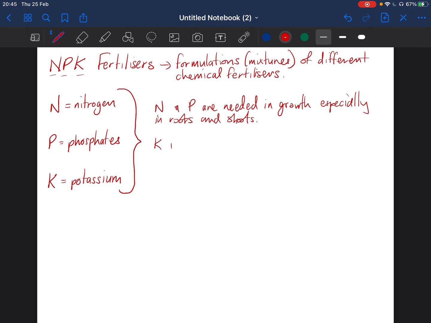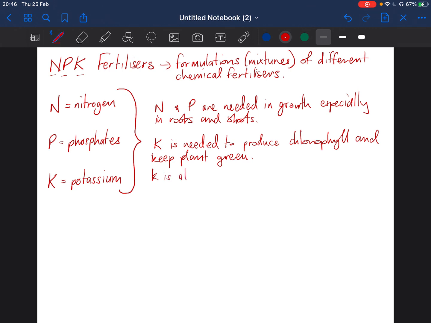So potassium is needed to produce chlorophyll and keep the plant green. Now, you should know from biology that green plants will perform more photosynthesis, so they will have more energy, which means they'll actually grow. K is also needed for healthy flowering and fruit production.